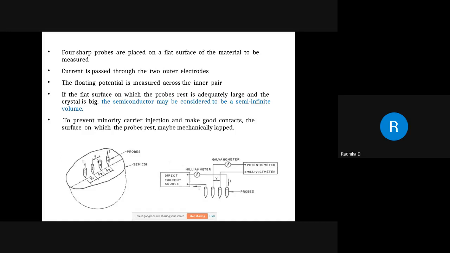Okay. Now, one more thing: we said that sometimes minority carriers create problems, right? In order to get rid of that, there is something called mechanical lapping. A very simple way to understand this is sandpaper. You would have heard of sandpapers. If you rub sandpaper on a surface, the surface will become smooth, right? Anything rough, you just take that sandpaper.